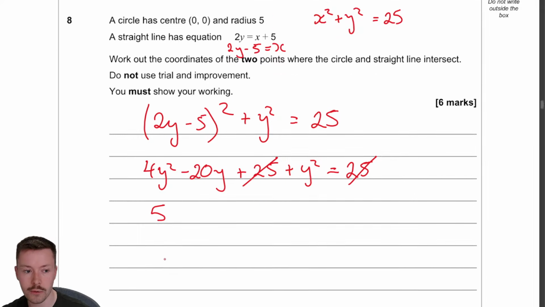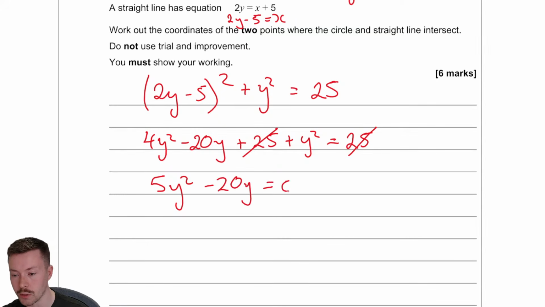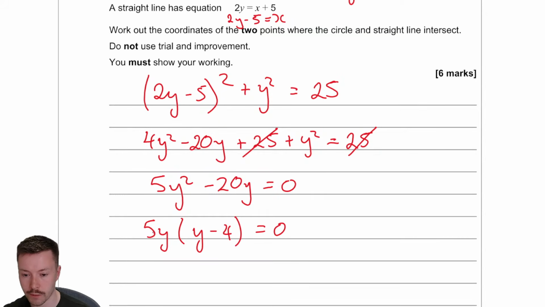We get 5y squared, 4y squared add y squared, minus 20y is equal to 0. So we're going to take out 5 and y from both of these things to get 5y times (y minus 4) equals 0. Let's just double check that. 5y times y is 5y squared, 5y times minus 4 is minus 20y. So we get either y is equal to 0 or y is equal to 4.